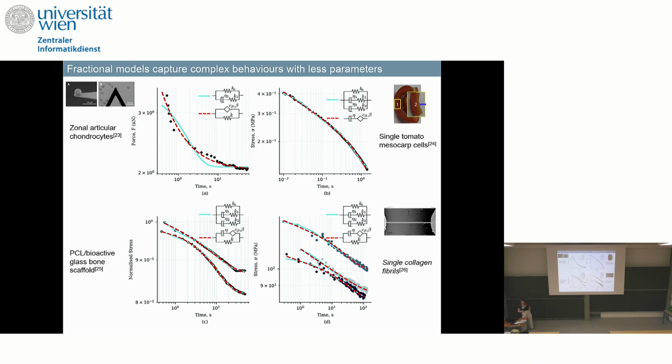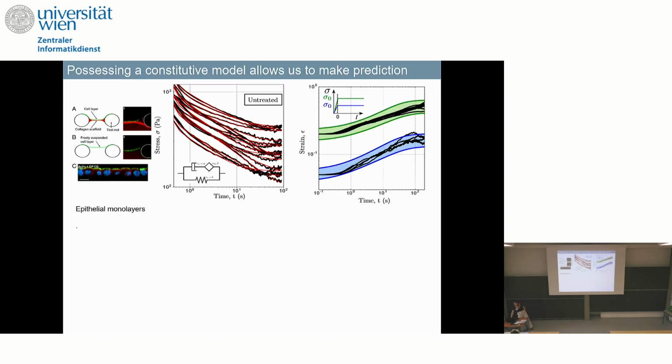Because so far what we did was just to fit one experimental data set. But what I mentioned before was that that's just a fitting function. If this is a constitutive model, we need to be able to make predictions. And this is what having fractional models allowed us to do for the epithelial cells, which we were not able to do before. So these are experimental data, not smoothed.